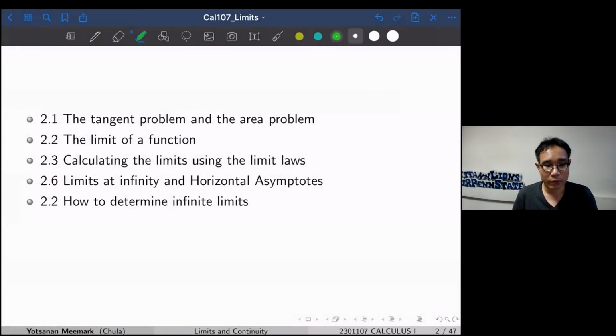We talked about the tangent problem, the area problem, the limit of a function, calculating the limit using the limit laws, the limit at infinity, horizontal asymptotes, and how to determine infinite limits already. So this is the conclusion for all of the limits. The next topic that we're going to study, we're going to use the limit definition in order to compute the derivative of a function.